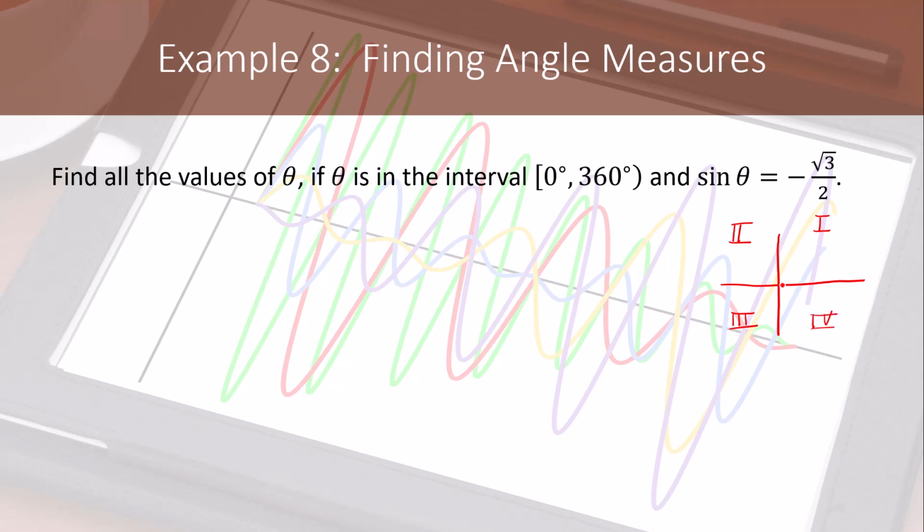So we know that we will have an angle here, where the sine of theta is equal to negative square root of 3 over 2. And we will have an angle here, where once again the sine of theta is equal to negative square root of 3 over 2.